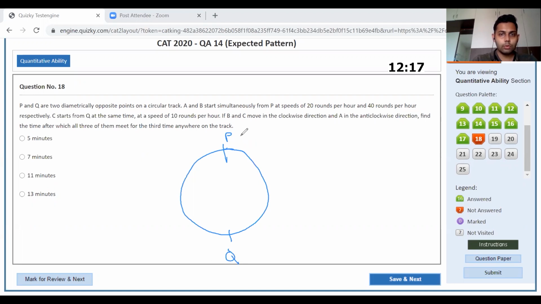C starts from Q. So here we have A, here we have B, here we have C. B and C move in the clockwise direction. So B is moving at 40, C is moving at 10 rounds per hour. Sorry, my bad, C is at 10.